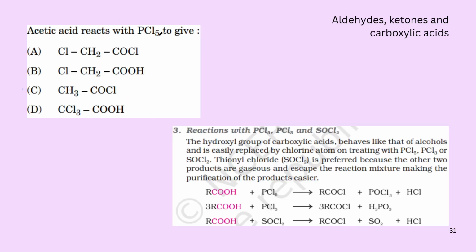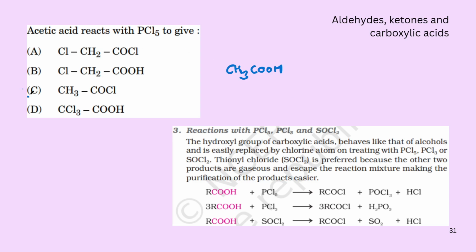Acetic acid reacts with PCl5 to give what? The reaction with PCl5, PCl3, and SOCl2 is under the chemical reactions of carboxylic acids. From there we know that acetic acid, so you have CH3COOH, where the R group is CH3, so you'll have CH3COCl.